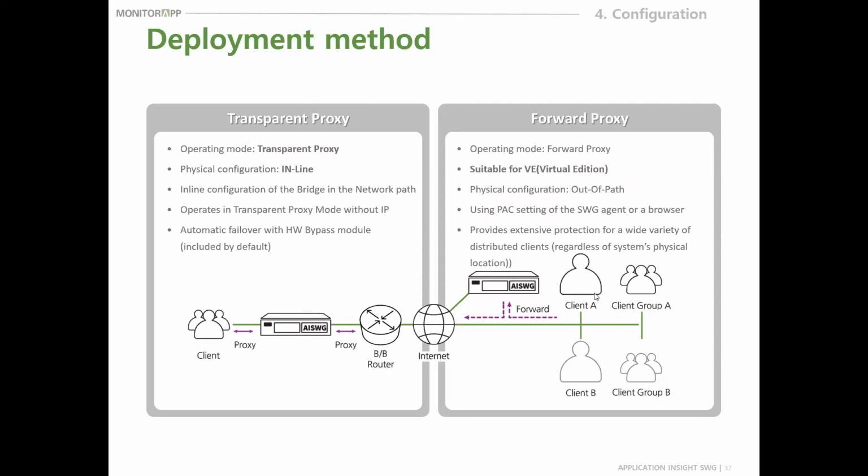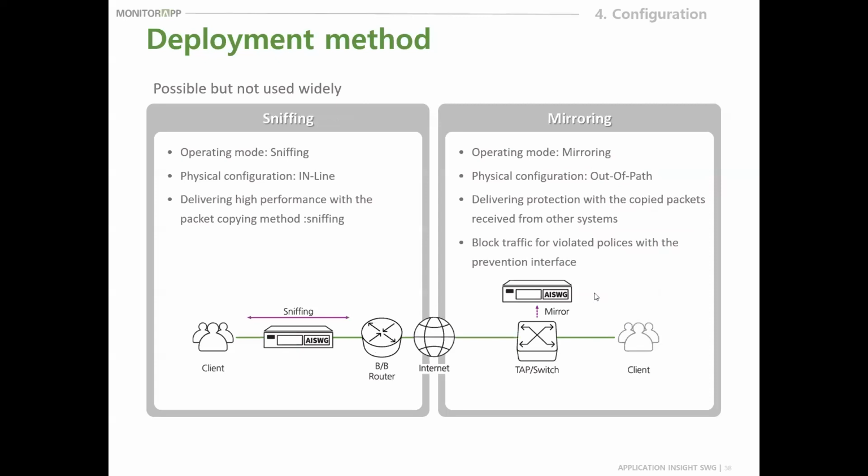In port proxy, we can help users configure it easily by providing an installation program or PAC. PAC stands for proxy auto configuration. Another possible mode is sniffing or mirroring mode, but this is not used much.